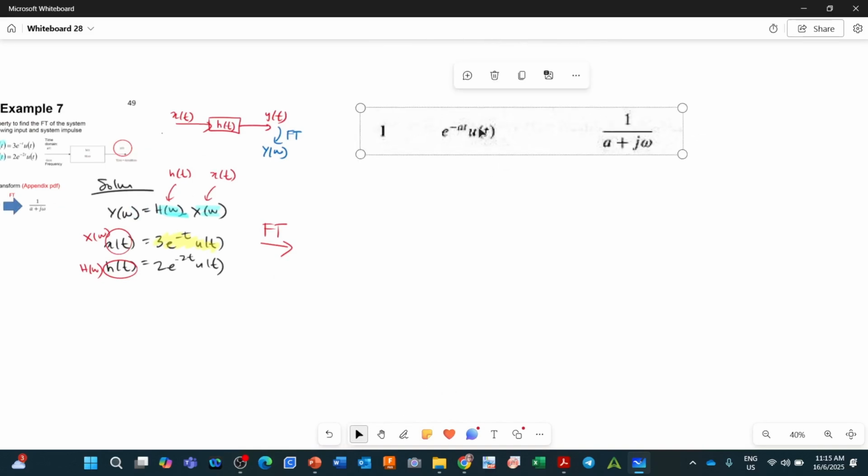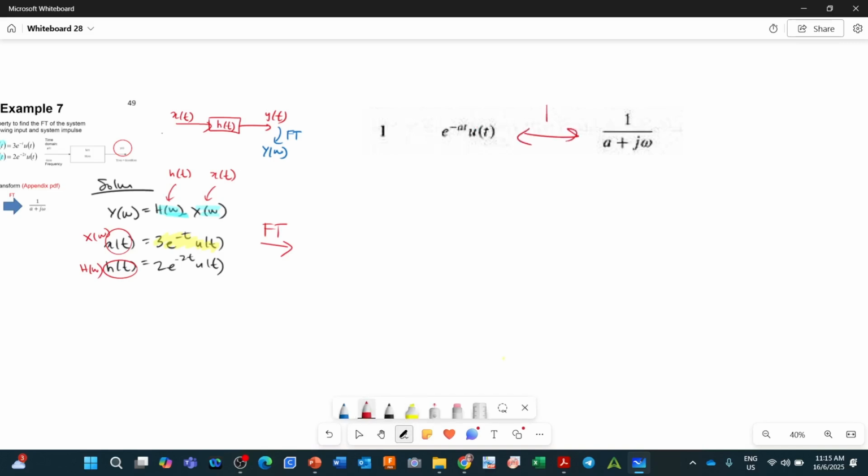This one can be vice versa, you can actually swap it in between. This is time domain, this is frequency domain. Later, not only are you going to use the Fourier transform to get from time domain to frequency domain, you will also be using the same equation to convert from frequency domain to time domain.